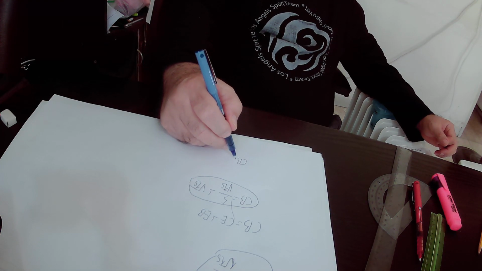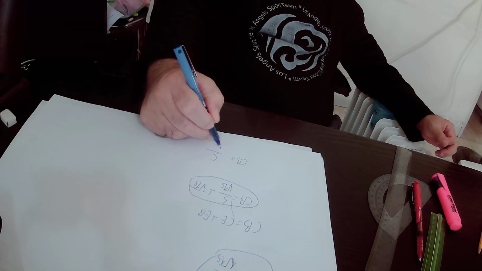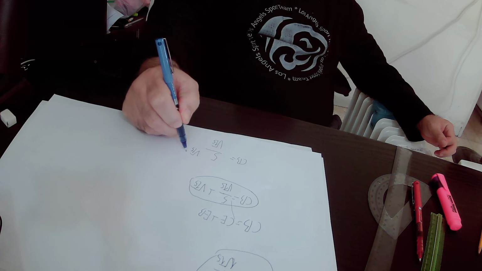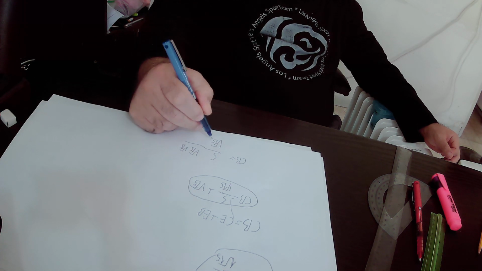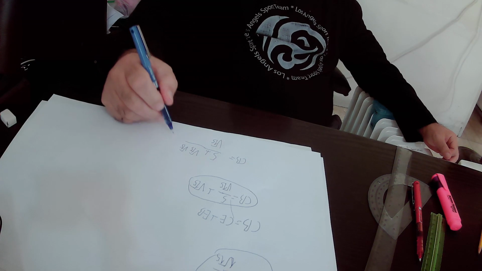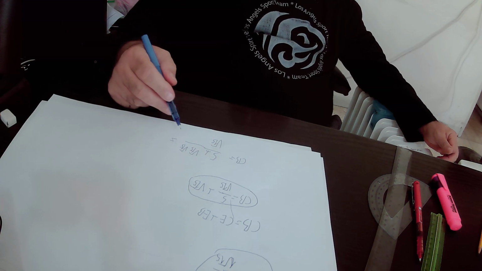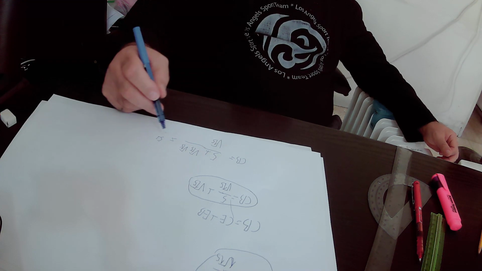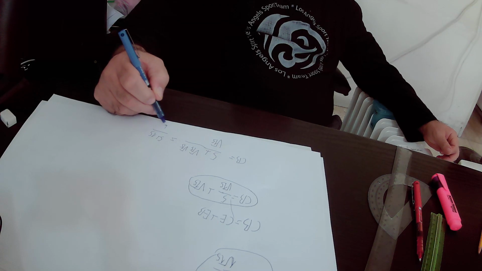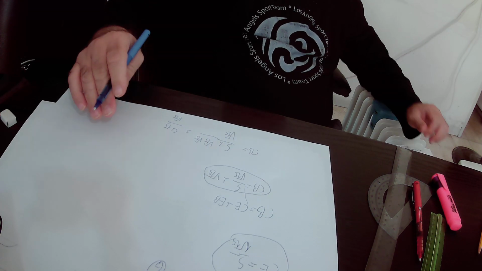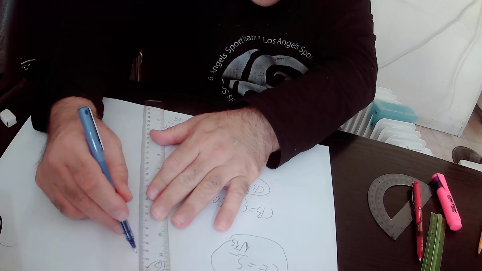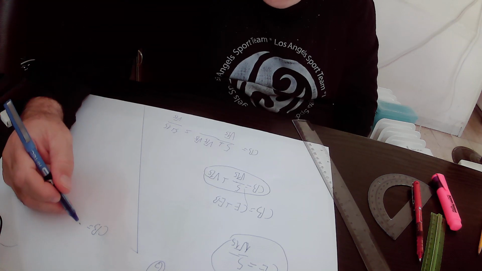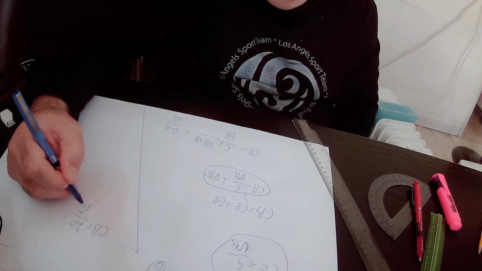So CB equals 5 over square root of 15, plus square root of 15 times square root of 15 is 15, over square root of 15. So in conclusion, we found out that CB, the chord that we are looking for, equals 5 plus 15, which is 20, over square root of 15.